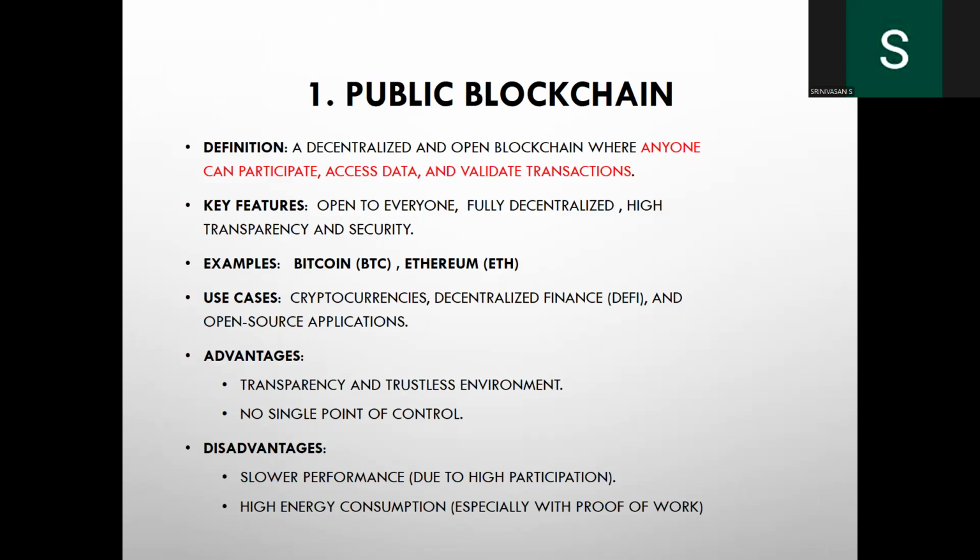Now we see the advantages of public blockchains. They are more transparent. They are more suitable for trustless environments, and there is no single point of failure in the public blockchains. On the downside, it is very slow compared to other types of blockchains, and it consumes more energy.